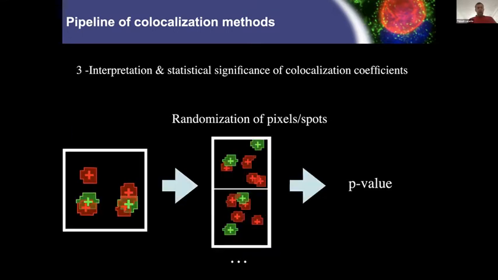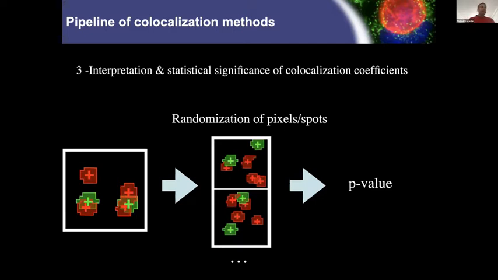Then the most difficult part is to interpret and to give a statistical significance to your results, because you can more or less always observe an overlap or a correlation between signals. But does it mean something? I think this is the most difficult question to answer.